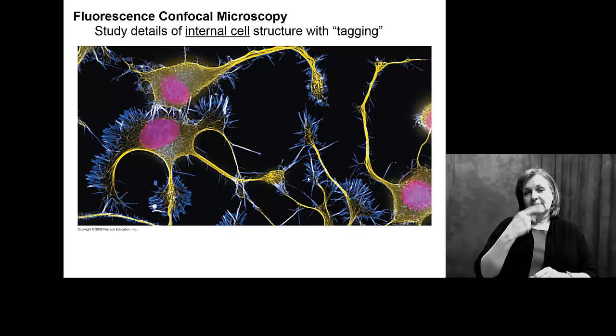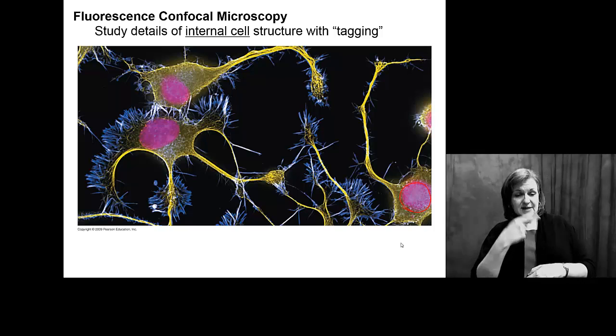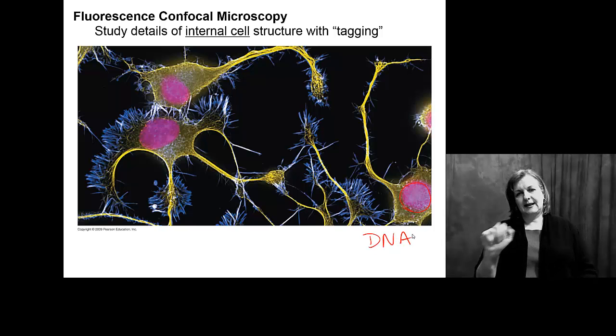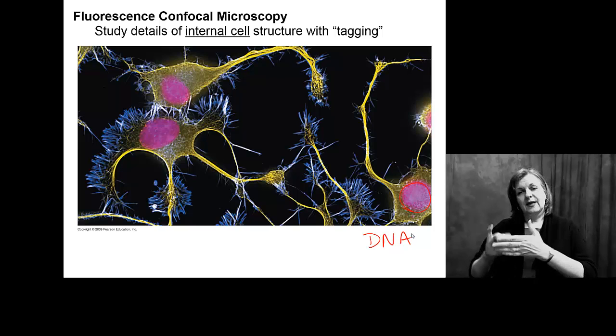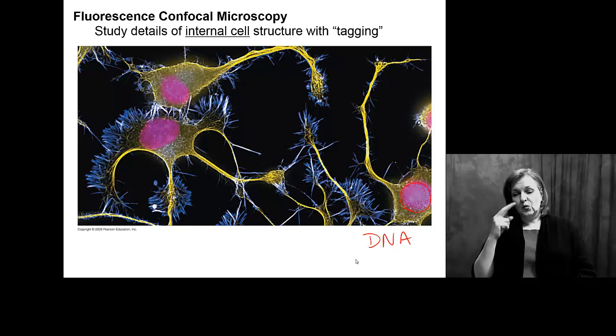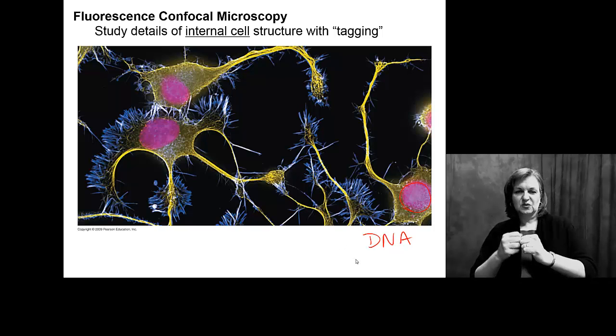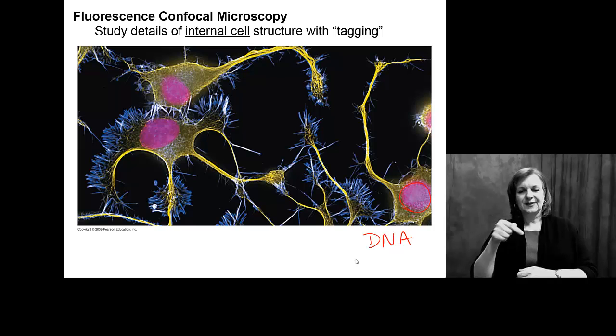So in this case, the DNA is actually labeled pink. So any place you see pink, there would be DNA associated with it. And then in this case, the yellow is actually labeling cytoplasm or cytoskeleton. So looking at those kinds of different structures we'll get into later on. This is actually a nerve cell if you're interested.